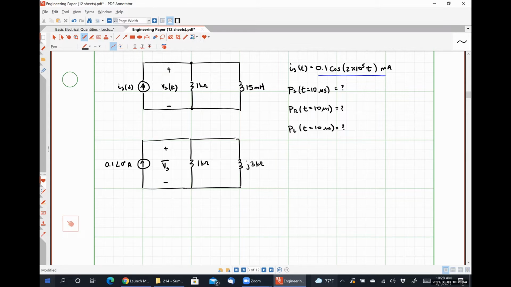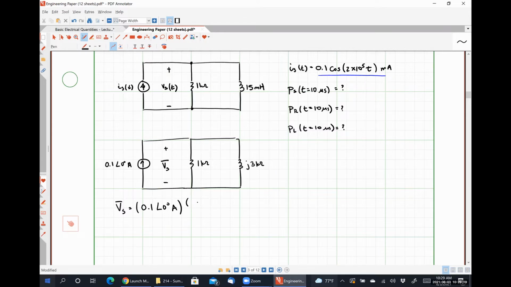So now that I know that, how do I solve for Vs? Ohm's law. Sure, that's exactly how I would approach it. 0.1 angle 0 degrees amps multiplied by the parallel combination.